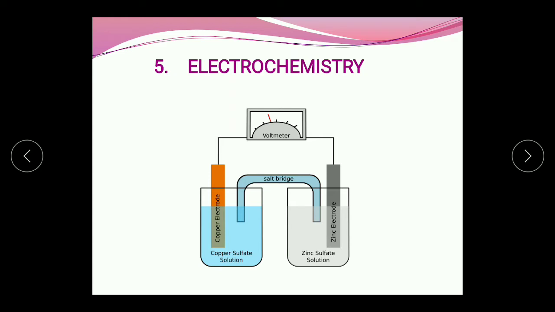The net cell reaction gives water as the final product. Hence, these cells are non-polluting and provide electricity of about 70% efficiency. That means we learned about the advantages of these cells as well.